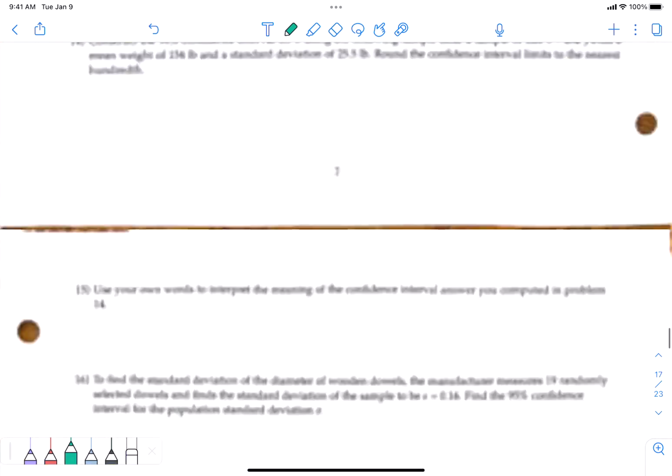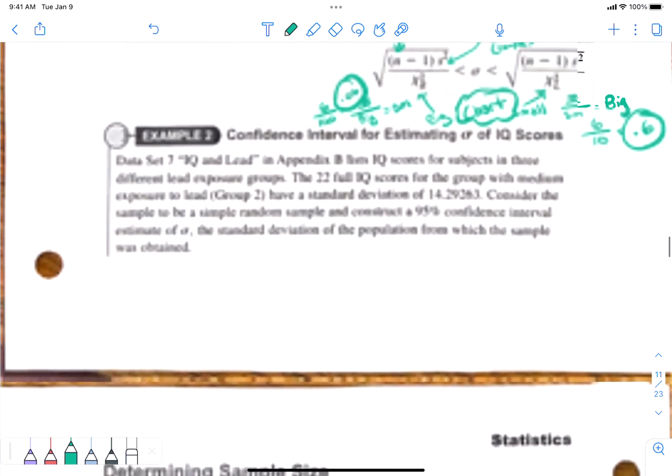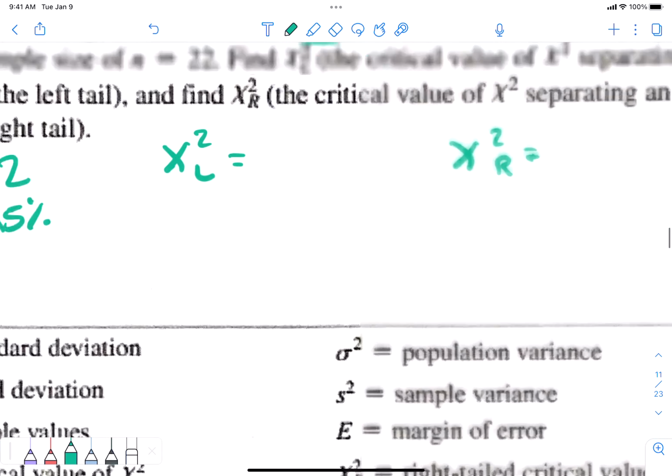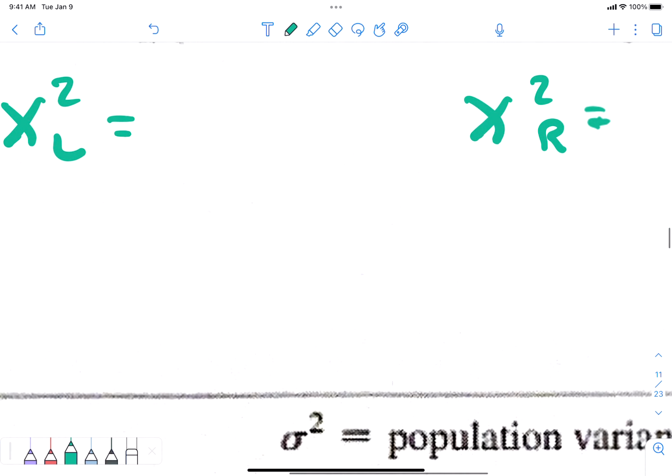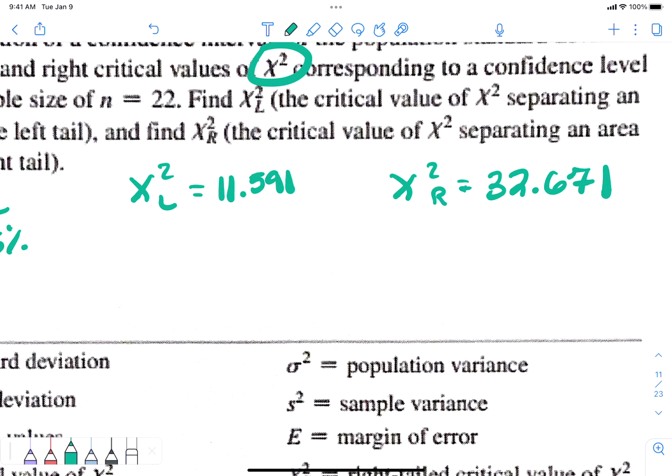Okay, go back. 7.3. Where are we at here? Here we go. Which one's the left one number? 11.591. Yes. The right number is 32.671. Now, the left and the right, when we calculate the interval, will be switched. But here, the left one is the left one, the right one is the right one.